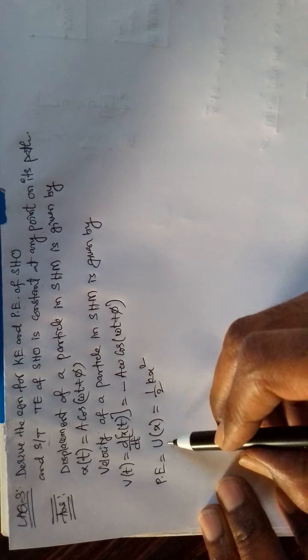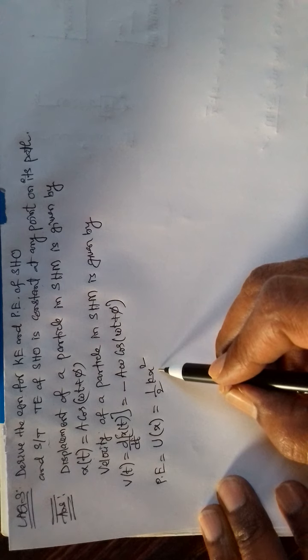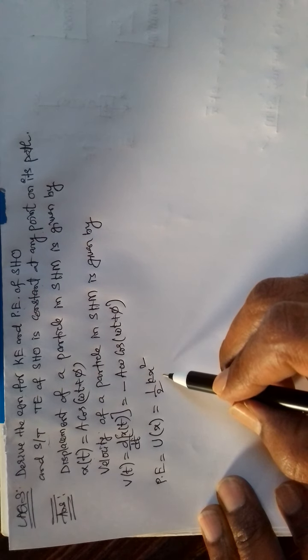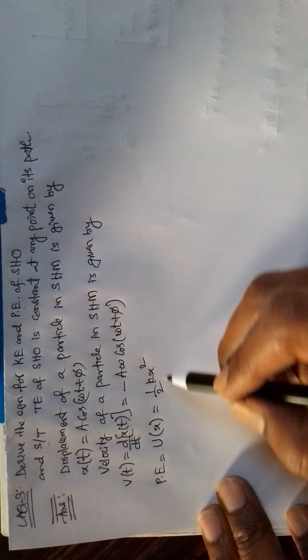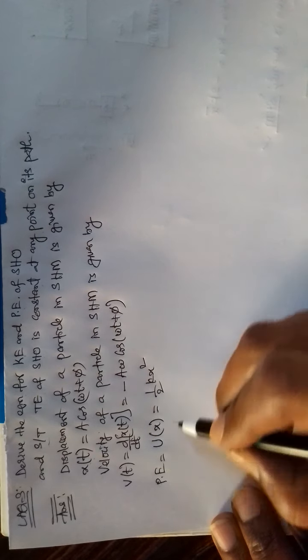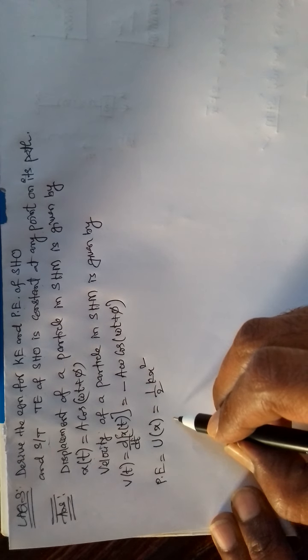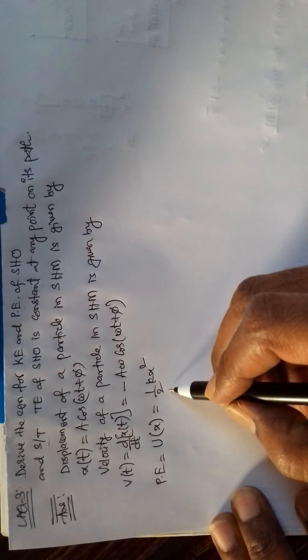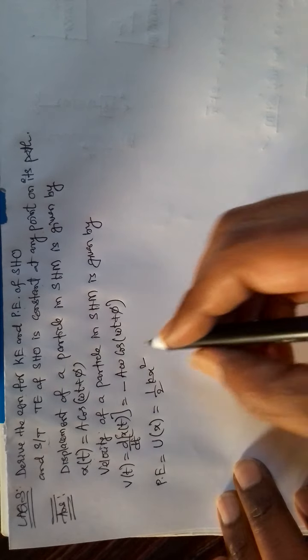So how this expression came, we will consider as a separate topic. Now we will take this for granted. For the potential energy the expression is 1 by 2 kx square.